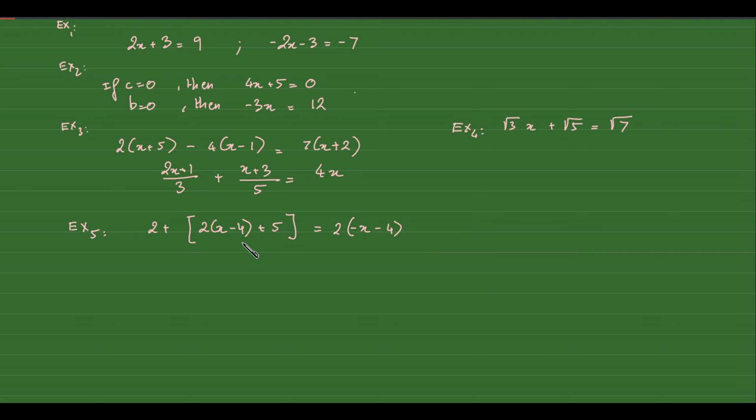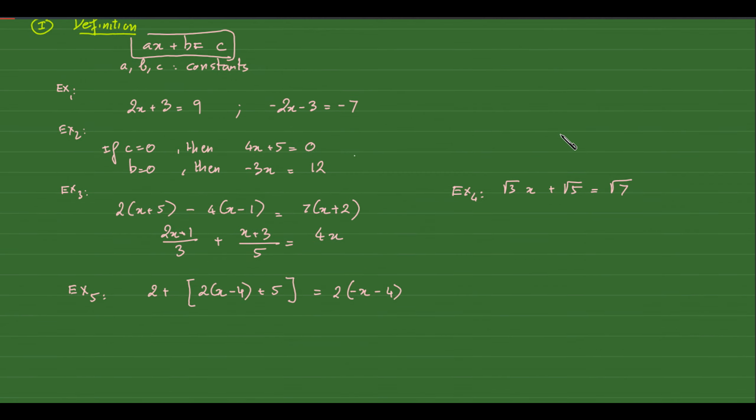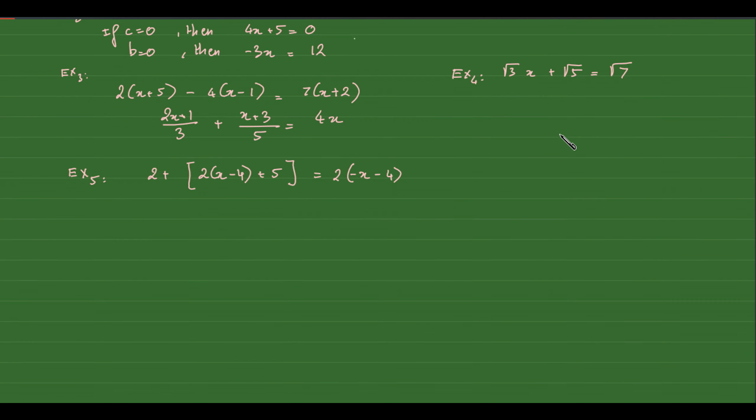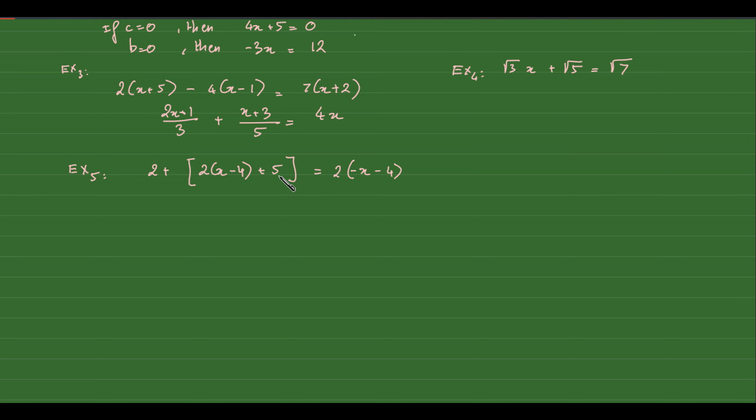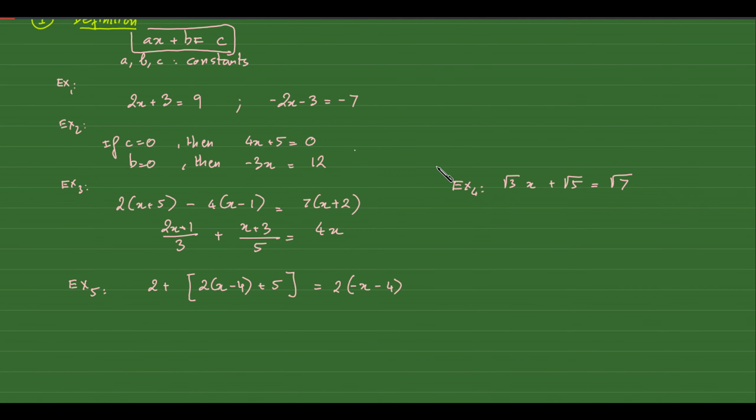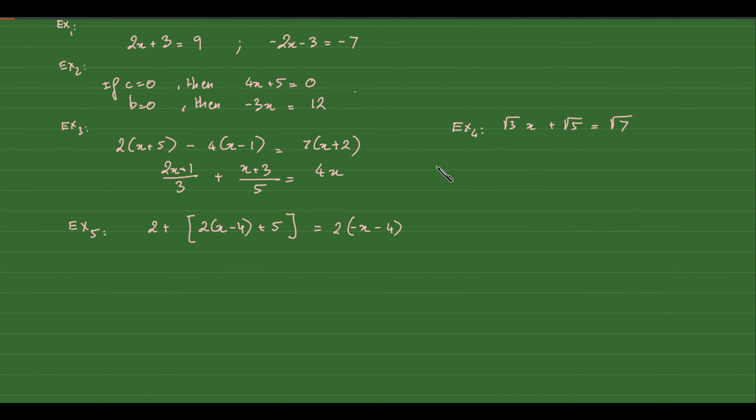All of these are typical examples of linear equations. And I can add fractions as many as I want. For example, over here I can change this to 5 over 2. It's still a linear equation.